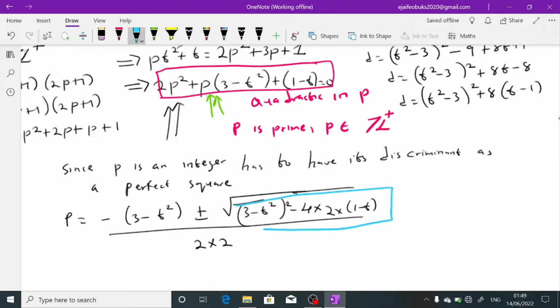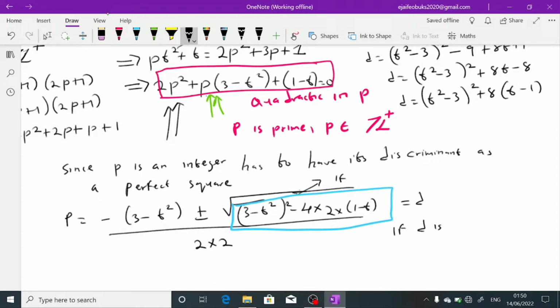So assuming this was irrational, or let me say if it's not a perfect square, first of all, this is equal to d.